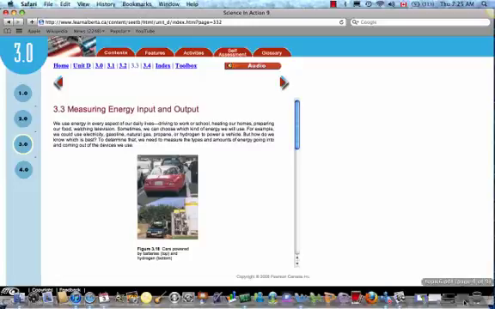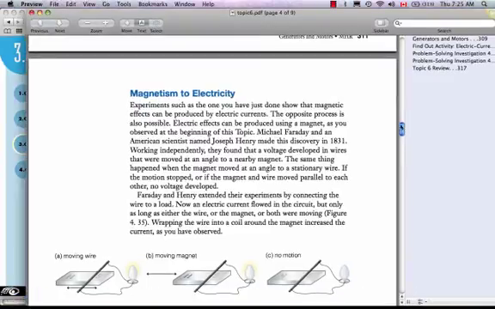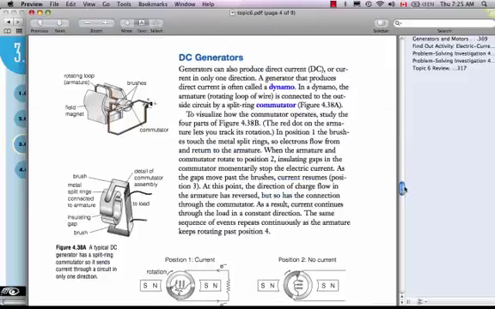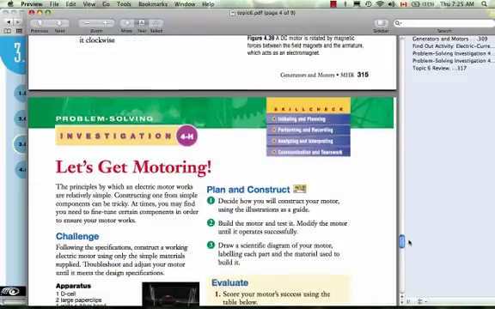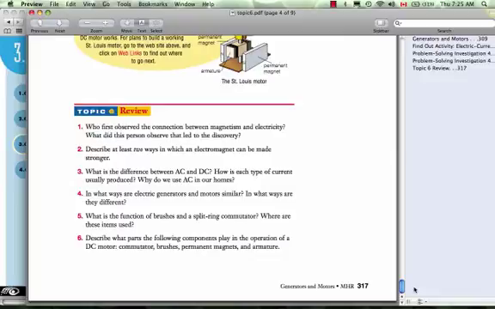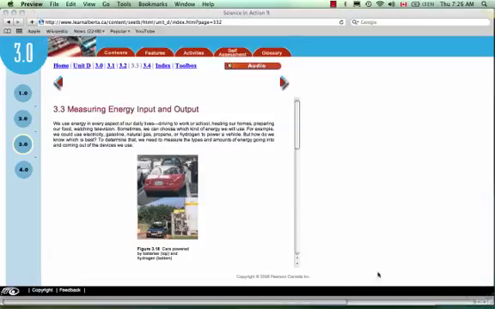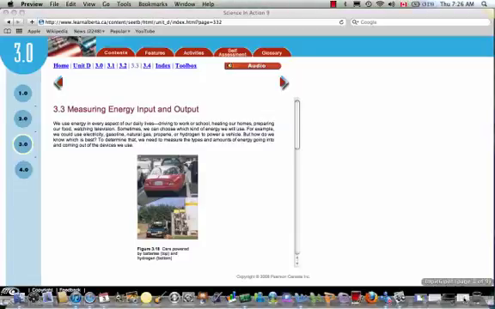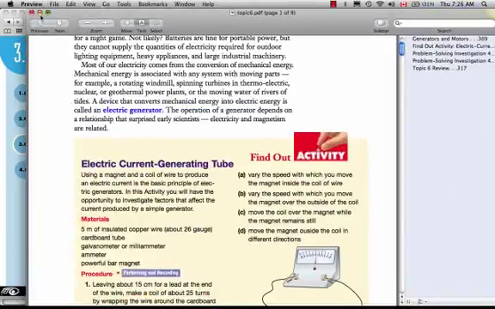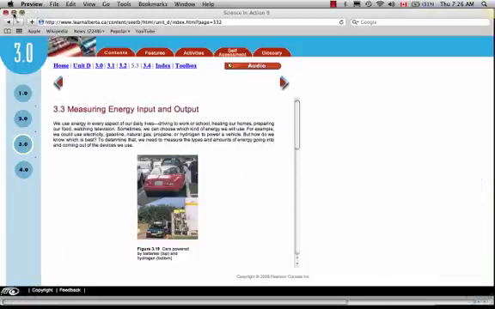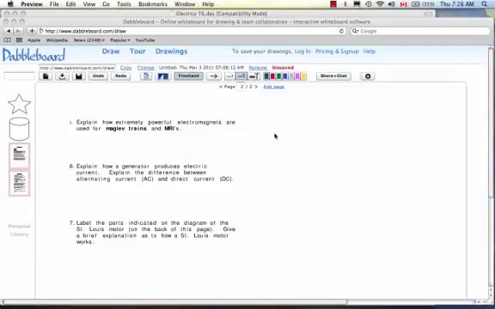So, we talked about maglev trains before. Maglev trains, like the one in Shanghai, they have superconducting wires. So if you supercool a metal, you can create a magnetic field, and that's how the track works.